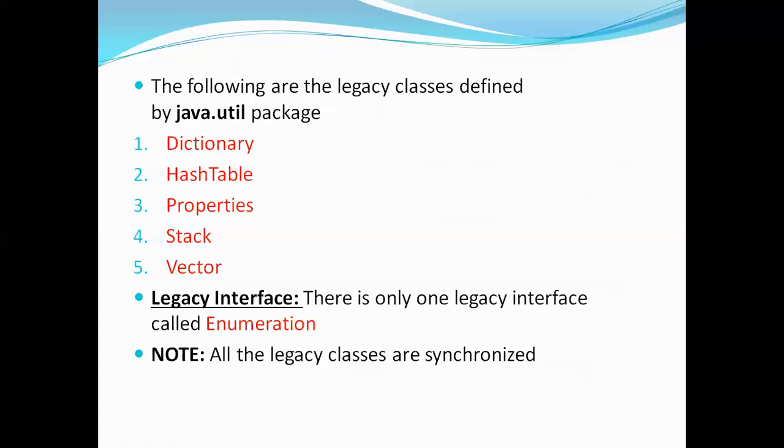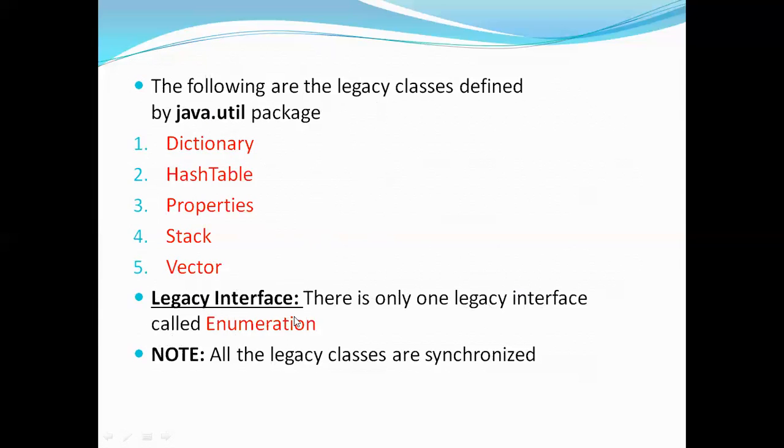Coming to interfaces, there is only one interface in the legacy classes. That is Enumeration. So the legacy classes are five classes and one interface.